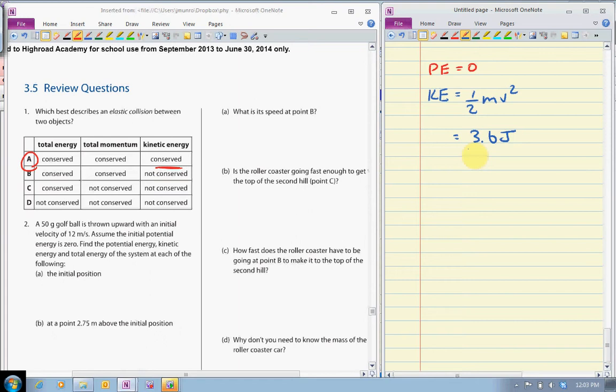At the point 2.75 meters above the initial position, for part B here, potential energy is equal to m, g, and the change in h, which is 2.75. It's mass times g.